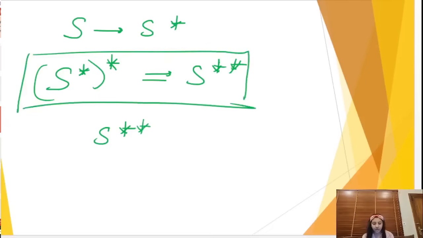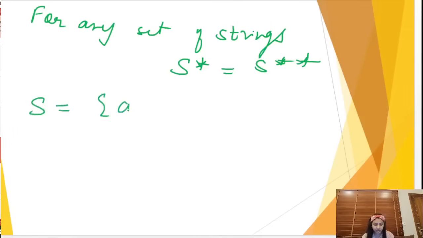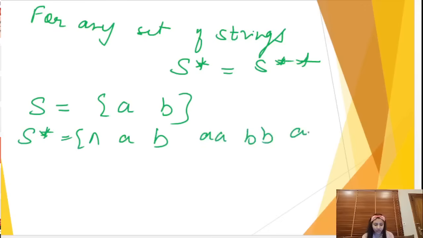We can prove it with the help of an example also, that for any set of strings, S star is equivalent to S double star. Let's take an example like S is suppose A, B. Now what will be S star? S star will be lambda, A, B and all the other strings that can be formed from their concatenation.